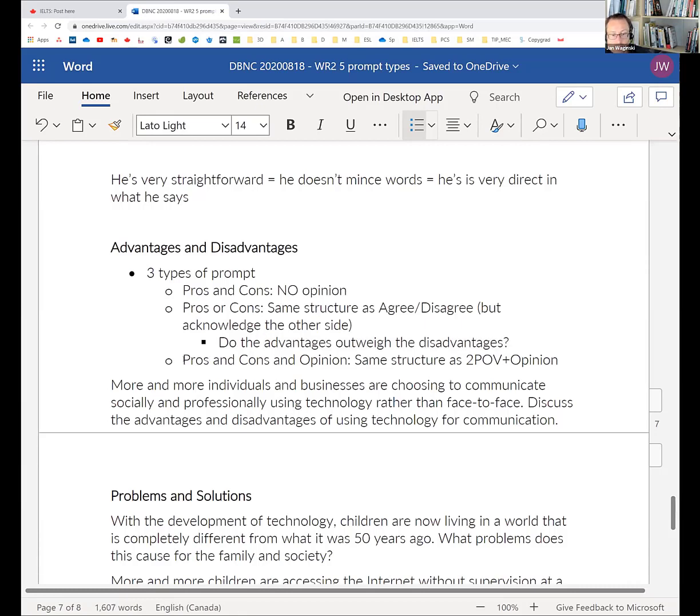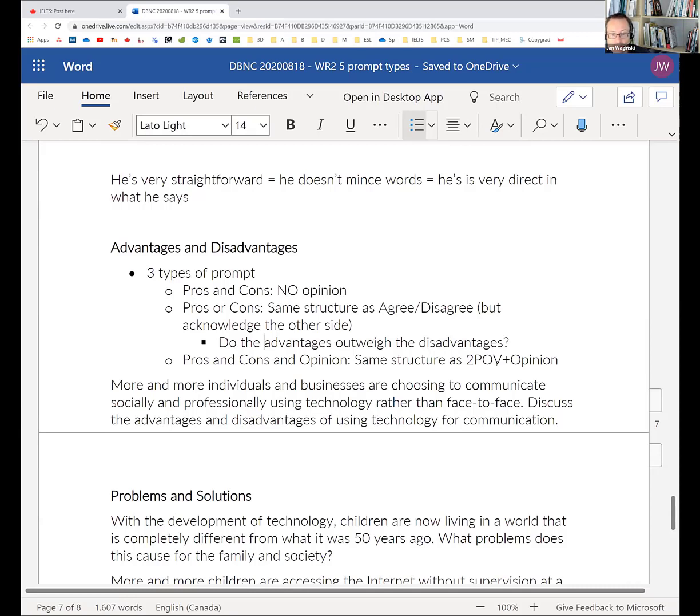Or you might get, discuss the advantages and disadvantages and give your opinion. And then the structure is very much the same as 2 points of view or 2 perspectives and your opinion, where you combine one of the sides with your opinion.